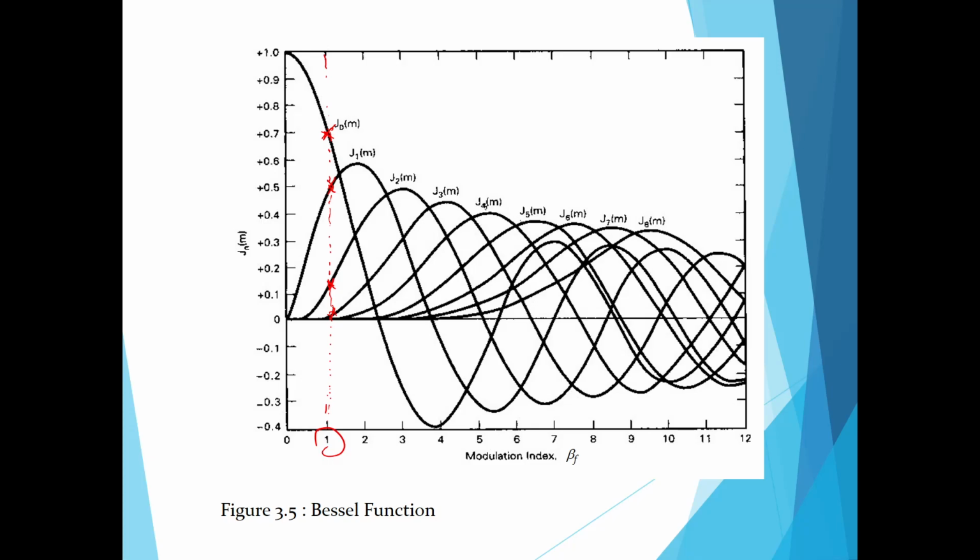Okay, and now since we are in the internet era, we can actually search from the Google about Bessel function. So if you search in the Google, you're gonna get a complete list of table for the Bessel function.